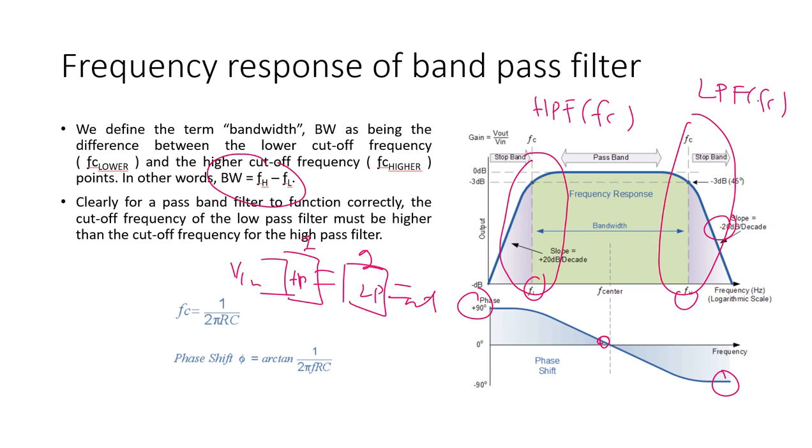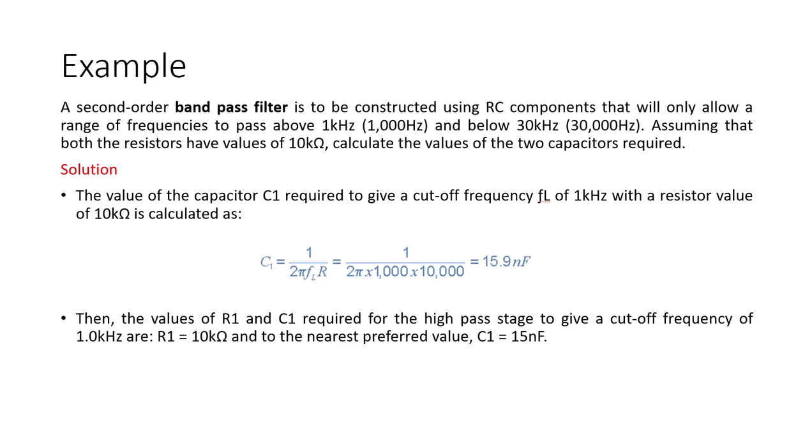Okay, let's solve an example on this. A second order band pass filter is to be constructed using RC components that will only allow a range of frequencies to pass through, above 1 kHz and below 30 kHz.